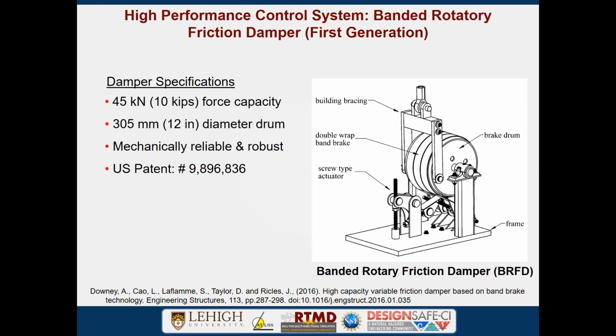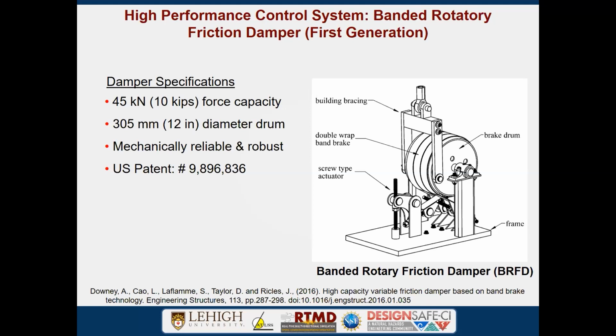The damper force comes from the friction between the frictional band and the drum. We use a screw-type actuator mechanism to hold the braking band on the braking drum. By adjusting the tension force on the braking band, you can adjust the normal force on the braking drum, which increases the normal pressure on the friction materials, and then you can achieve a controllable damping force.